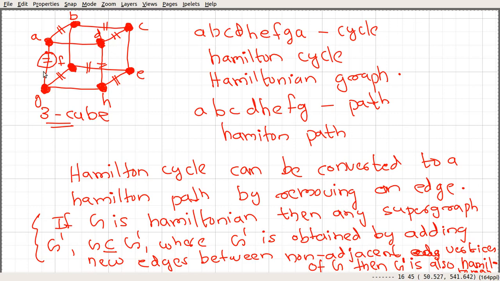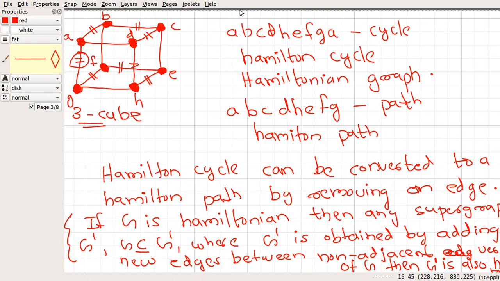Okay, so here we can see that this is a Hamiltonian graph, right? And suppose that we add one more edge here. So this graph is obtained by adding this edge, so this is a supergraph of the original one. Here we can see that again this particular cycle acts as a Hamiltonian cycle in that graph, and that's what this observation says.